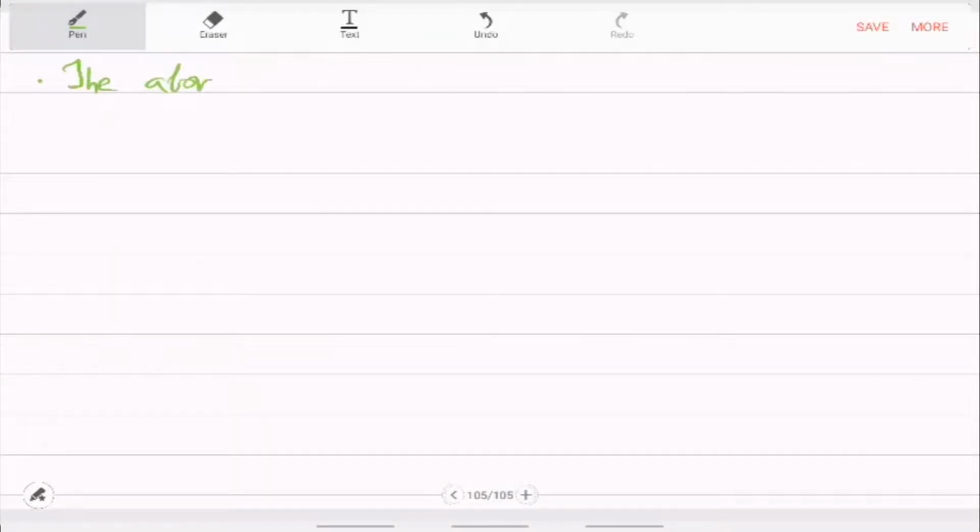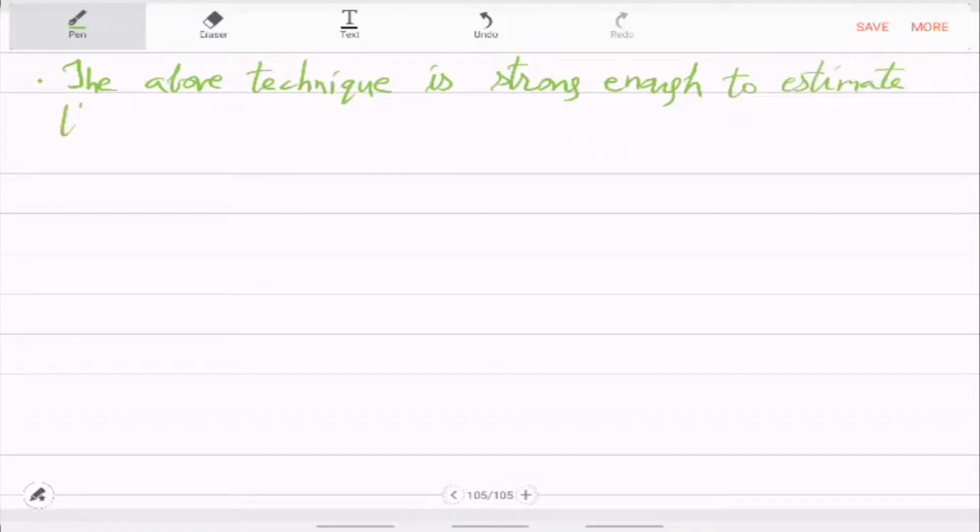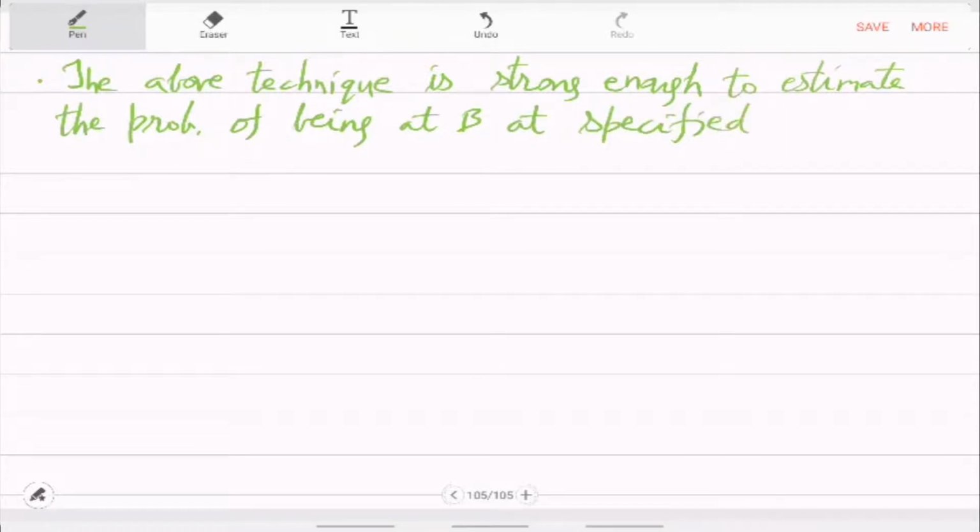So the above technique is strong enough to estimate the probability of being at B at specified steps in the random walk.